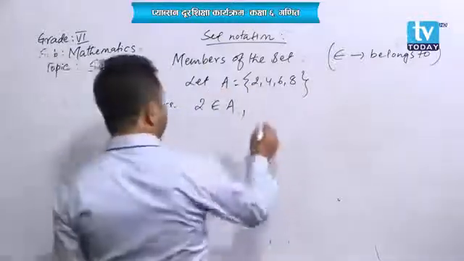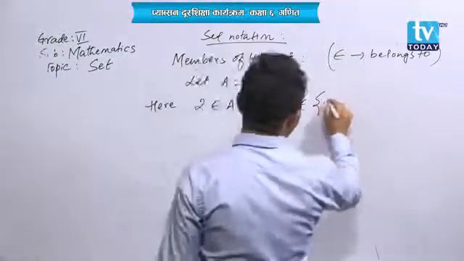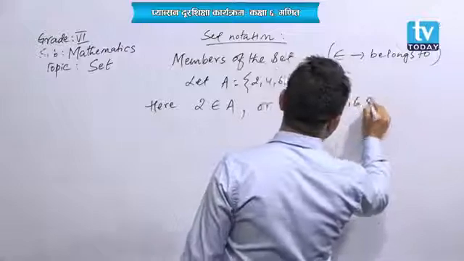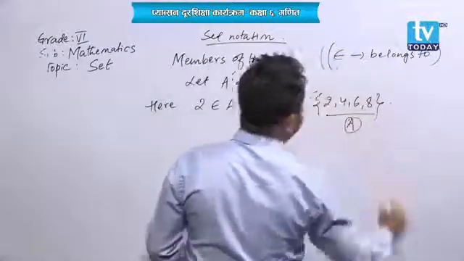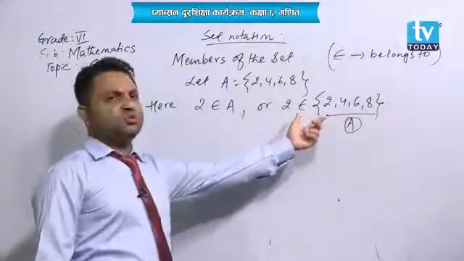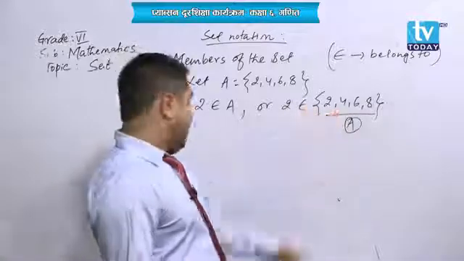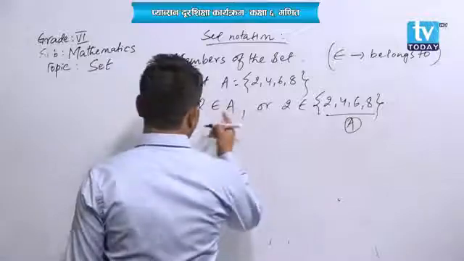Or you can write 2 belongs to this set, this is also set A. So 2 belongs to set A, or 2 belongs to the set 2 4 6 8.